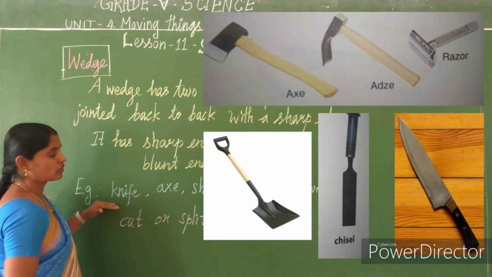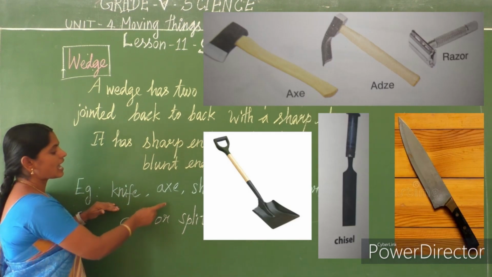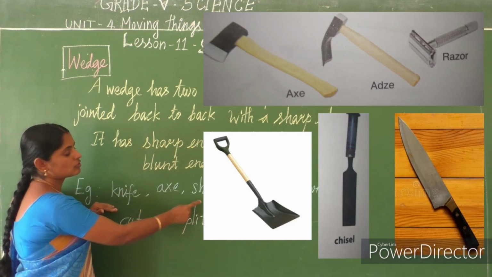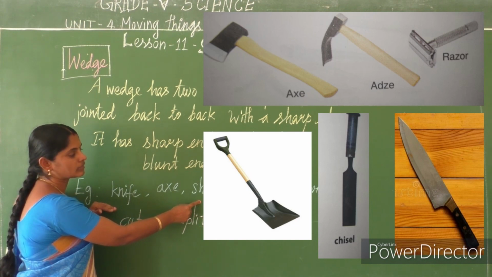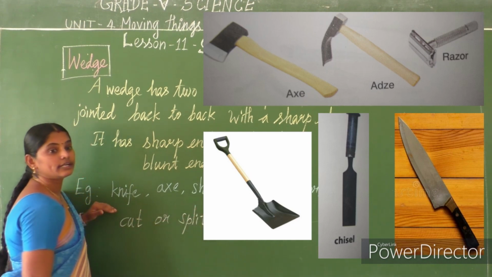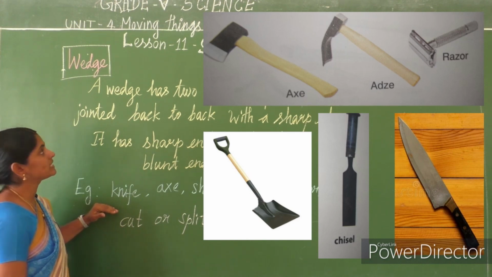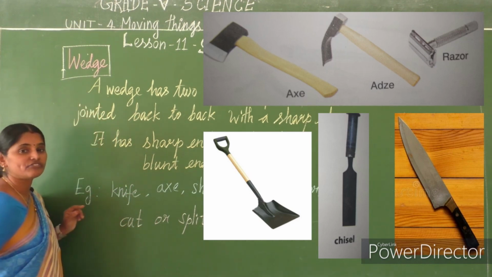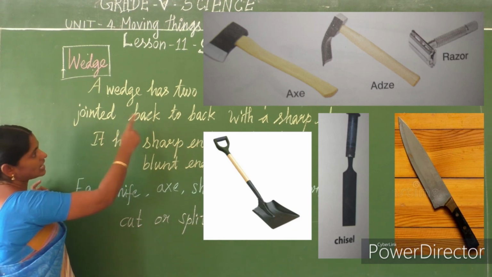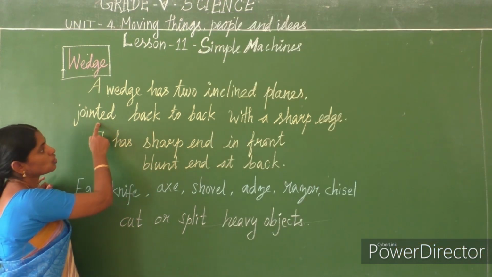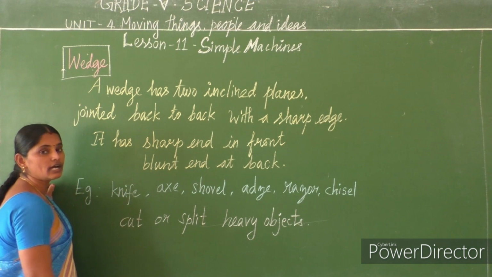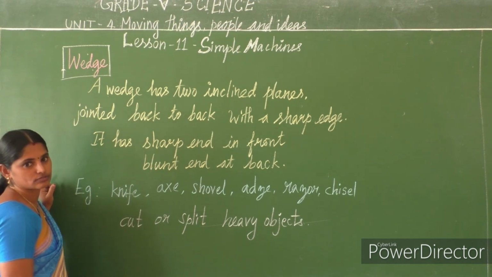Okay, so knife, axe, shovel, edge, razor, chisel are the best examples for wedge. Wedge has two inclined planes joined back to back with a sharp edge.